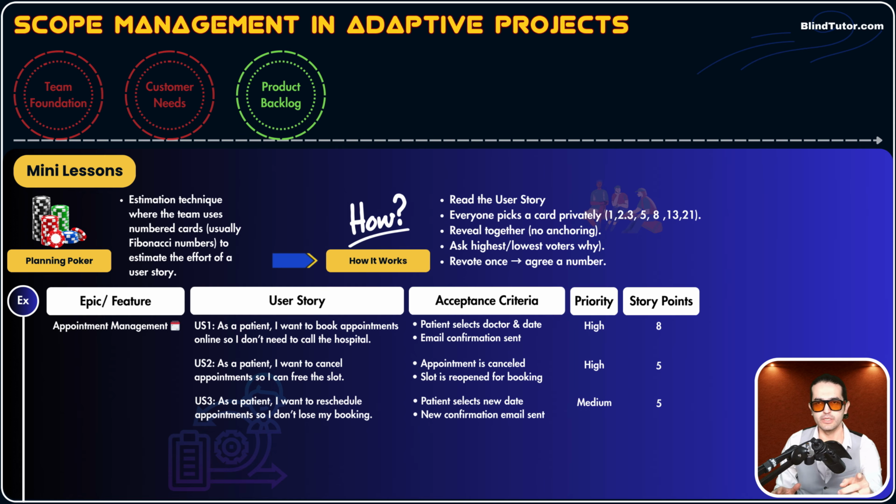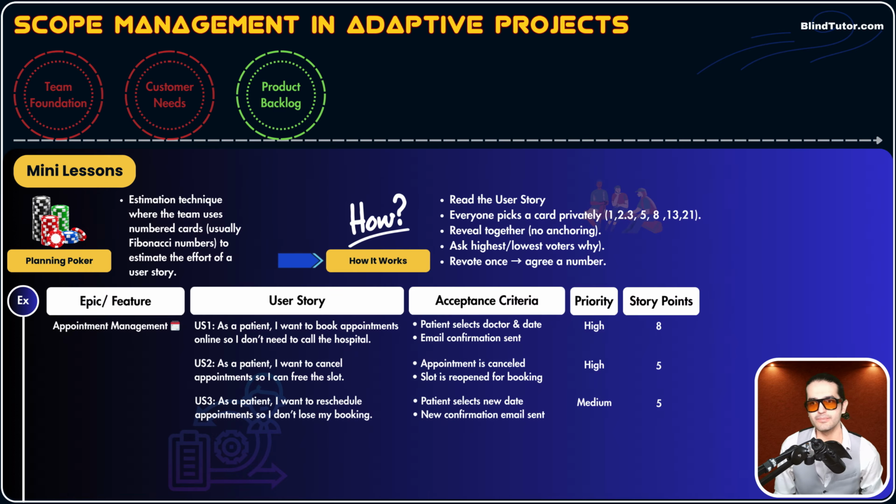For example, for user story number 1, one of the team members assigned 3 and another one assigned, for example, 21. And the others assigned, for example, 8. Now, we need to come to consensus. We need to come to an agreement. We ask the lower number team member, hey, why did you assign 3? We ask them for ideas. Maybe they have a solution to do that user story faster, so it takes less time, less effort. Okay?